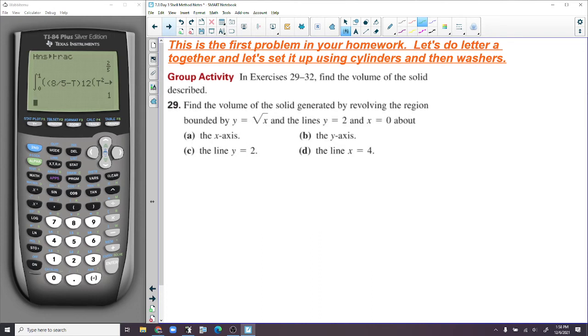What are you doing? Cylinder shell method? Yeah, but did you graph y equals the square root of x? Yeah. Where's that? It's reflected across x.